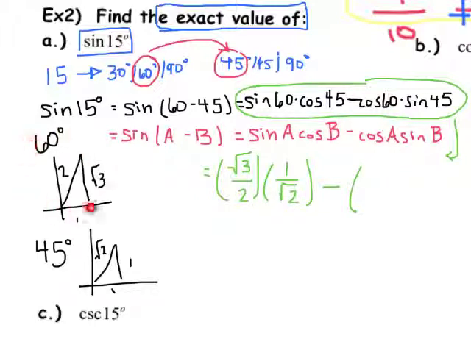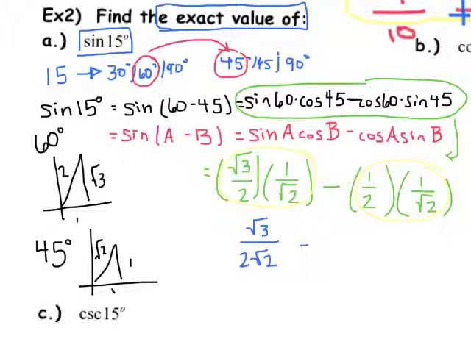Cosine of 60 is 1/2, and sine of 45 is 1 over root 2. All right, so we'll multiply, and then we'll subtract. So when I multiply, I get root 3 times 1, which is just root 3, over 2 root 2, minus 1 over 2 root 2.